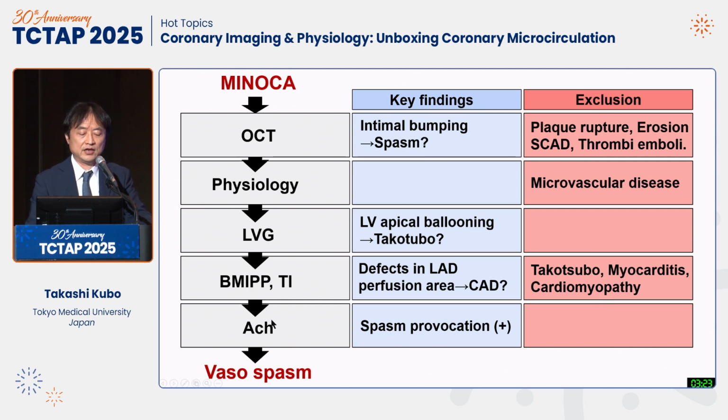So we performed the acetylcholine provocation test and induced the spasm. So we concluded vasospasm. As shown in this case, for the diagnosis of MINOCA, a combination of physiology and imaging is very important. Especially in this case, OCT plays a very important role to arrive at the accurate diagnosis.